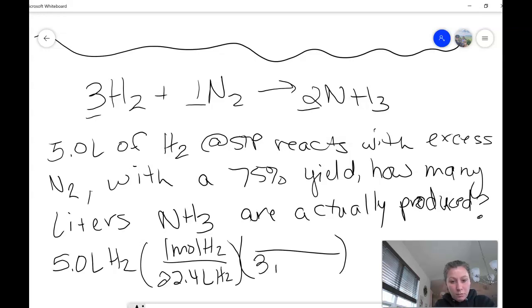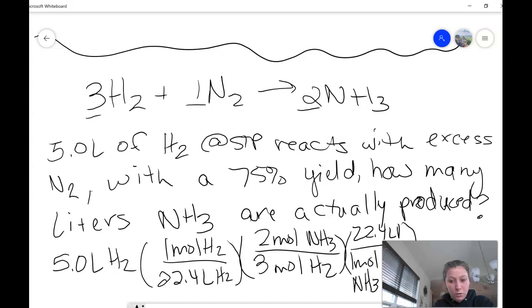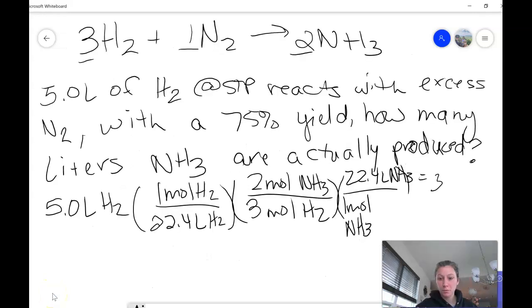And if I convert moles of hydrogen to moles of ammonia, and then I can convert moles of ammonia to liters, I can figure out what 5 liters of hydrogen would produce. Okay, so you get 3.33 liters of ammonia that's produced.